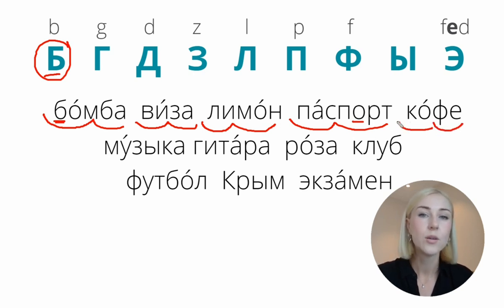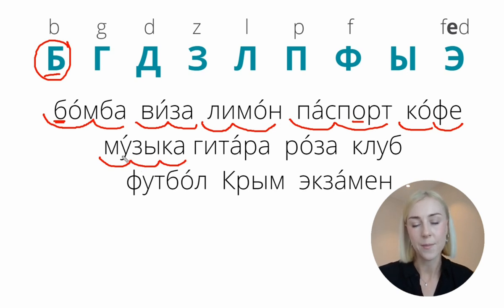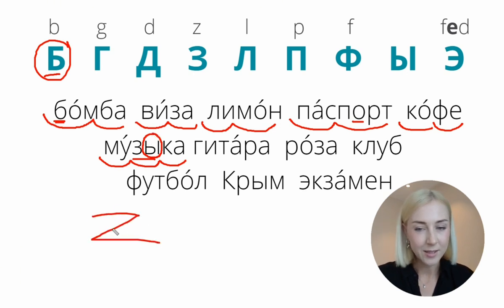Coffee, coffee. Excellent. Musica, musica. This syllable in the middle of the word is z. So this syllable contains this sound, ü. So I'm gonna write the English transcription, okay?